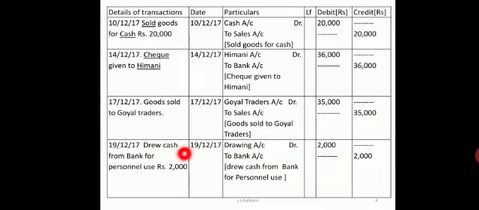Next, withdrew cash for personal use, that is personal use means drawings. So drawings account is nothing but withdrawal of capital. So your capital is reduced by 2,000. Therefore, debit decrease in drawings, that is 2,000, and from bank you are withdrawing, so bank account being asset, it is also showing decrease in asset, that is 2,000. So narration, drew cash from bank for personal use.